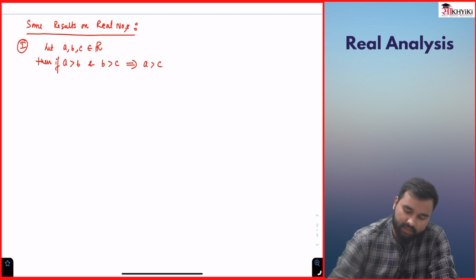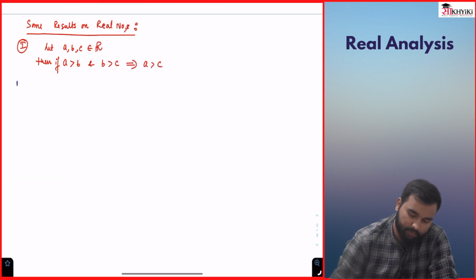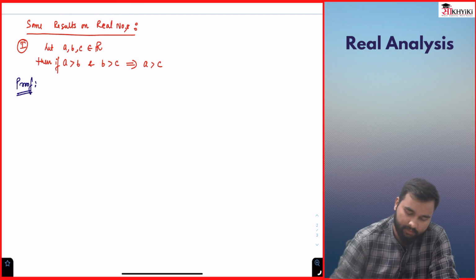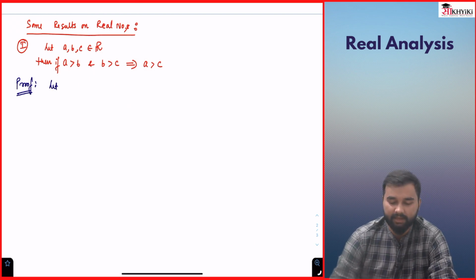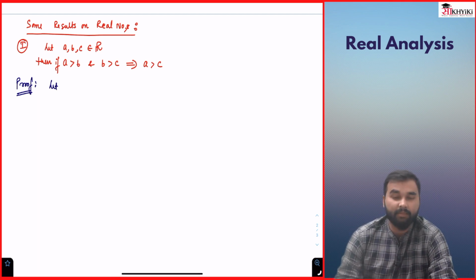So let's try to prove this. Proof. We have three real numbers a, b and c, with a greater than b and b greater than c.